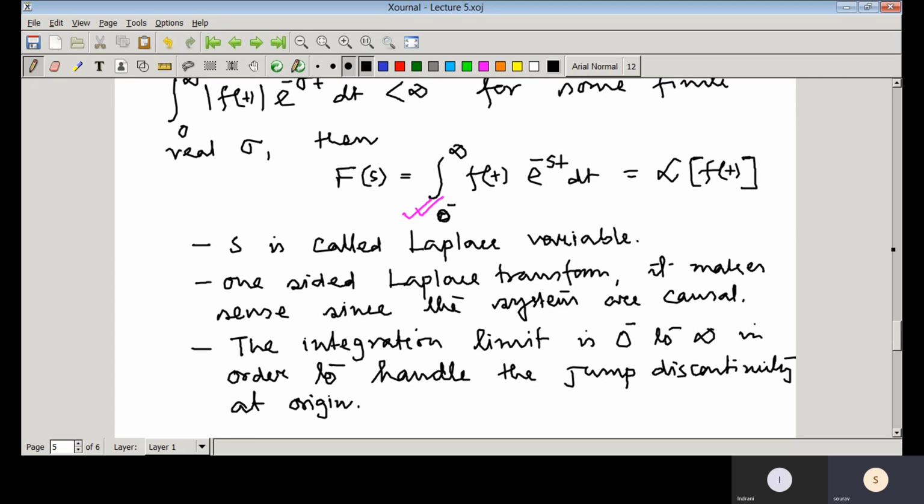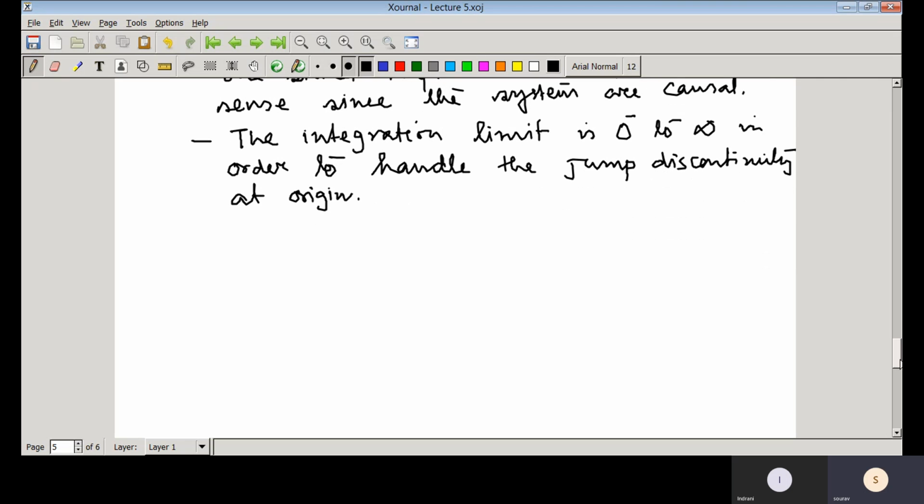So you all know those things. I am just writing the reasons why those things are required when we analyze control systems.